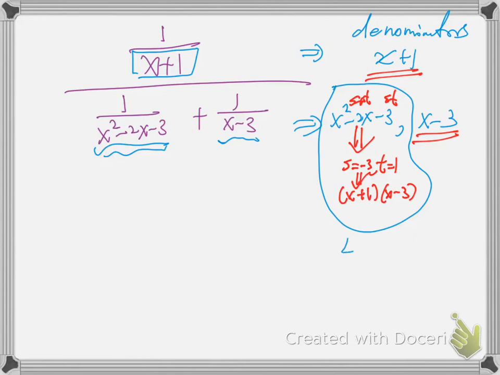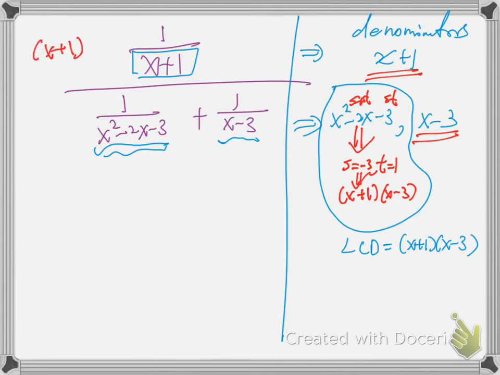So the LCD is the product of different linear factors in all the denominators. So it's x plus 1 times x minus 3. This is the most important step. You find the LCD and then top and bottom are multiplied by the LCD. So now top multiplied by x plus 1, x minus 3. And bottom, x plus 1, x minus 3 for the first fraction, and x plus 1, x minus 3 for the second fraction.